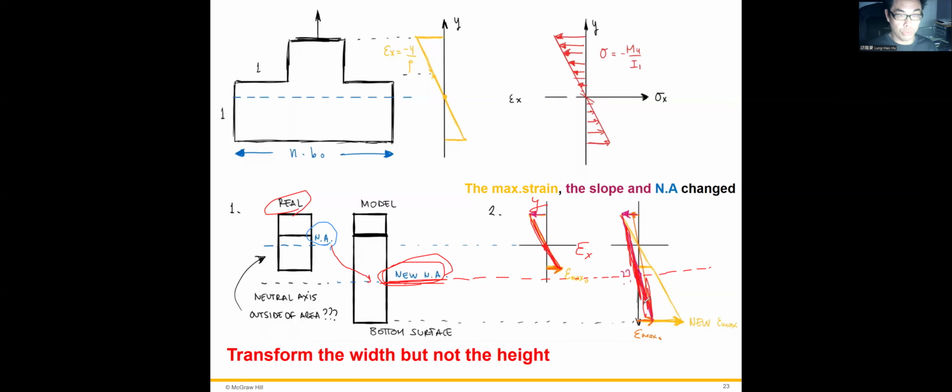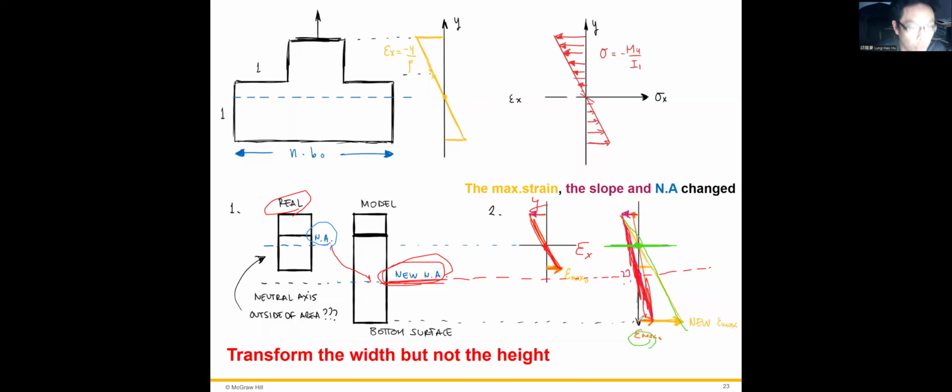However, it is not true. It should be like this, because here is the real neutral axis, where the strain should be 0 right here, and the strain is different.